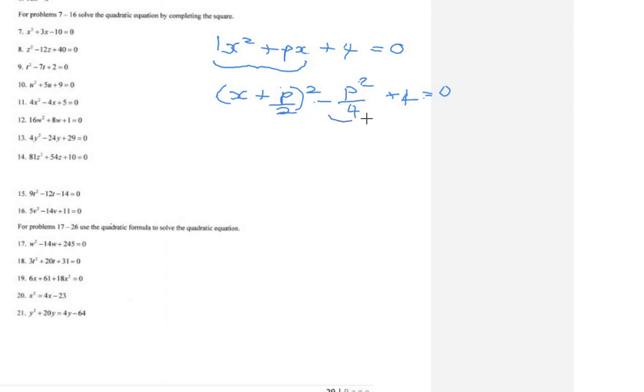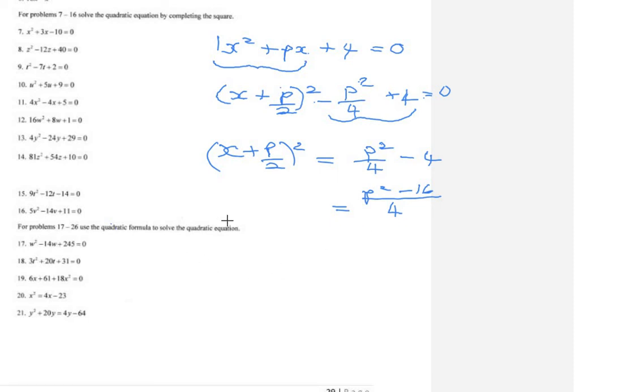Now we can just take these 2 to the other side, so we have x plus p/2 squared, and on the other side we're now going to have p squared over 4, and then a minus 4, which we can put over 4, common multiple, which is then p squared minus 16.